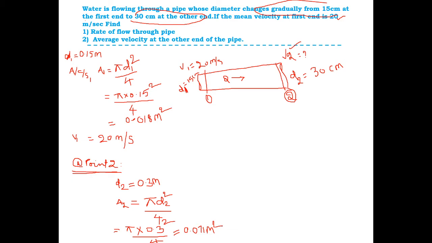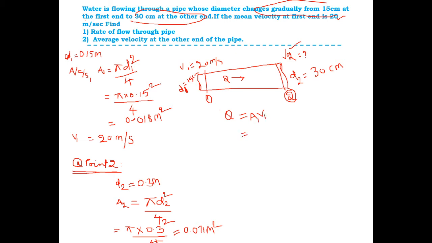Now you know the area at point 1, area at point 2. Velocity at point 1, velocity at point 2, you don't know. For this, what you have to do, you can find out first one, discharge. How do you find the discharge? Q equal to area into velocity. Is it clear? That is area 1 into velocity 1.